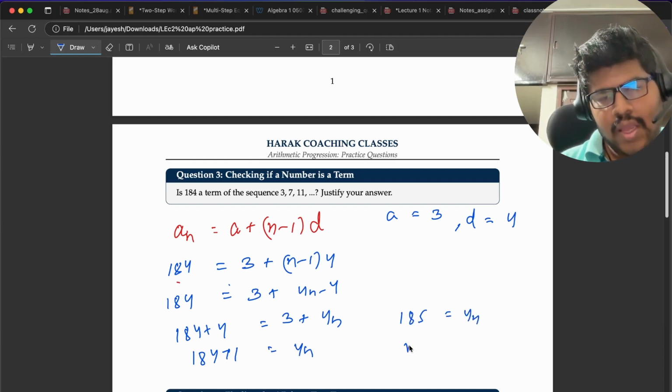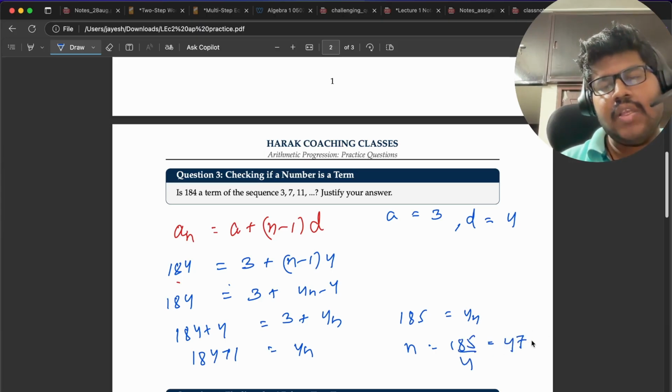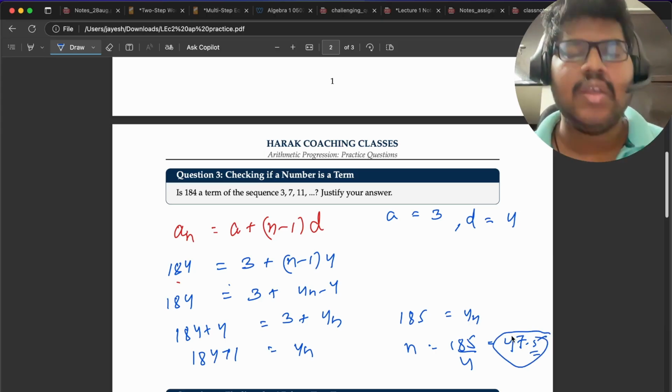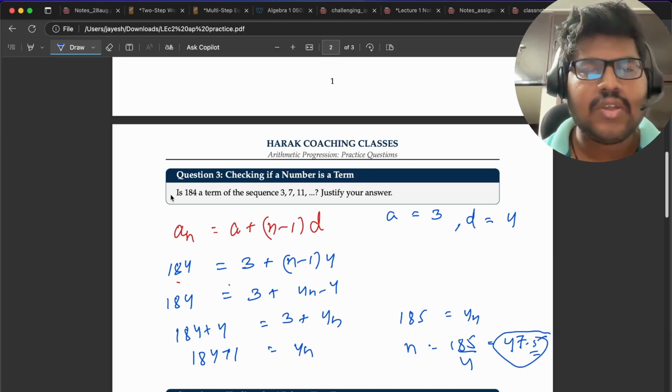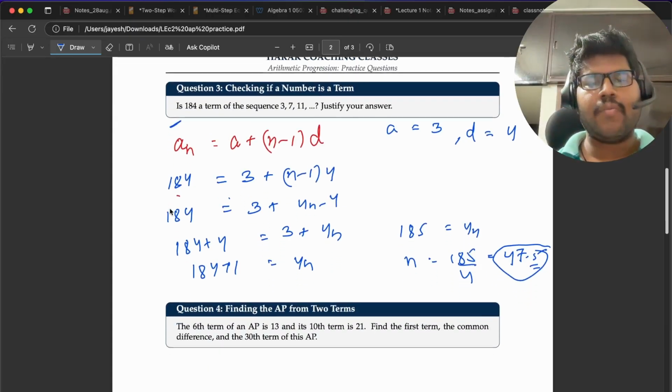If we calculate n, this would be 185 by 4, which is 46.25. So it is not giving us a whole number, right? What does this mean? This means that 184 is not a term.